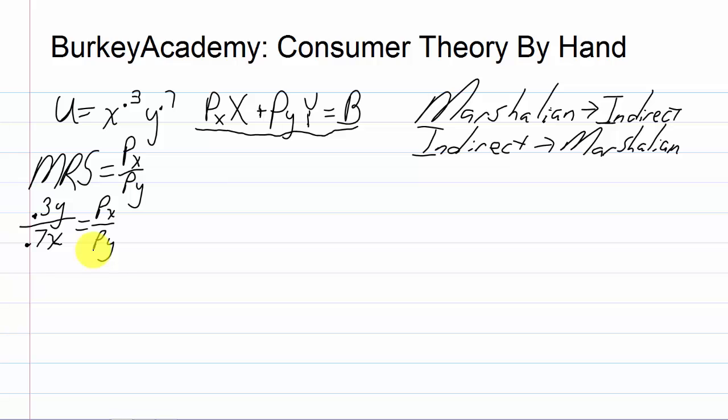And what we want to do now is just solve this equation for either x or y and plug it into the budget equation and see what we can simplify.